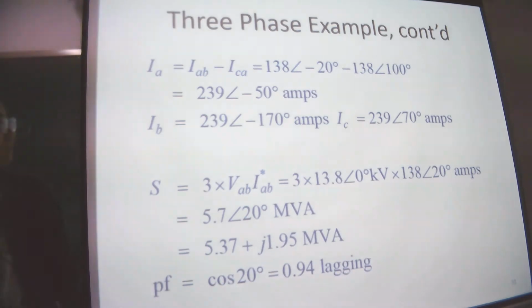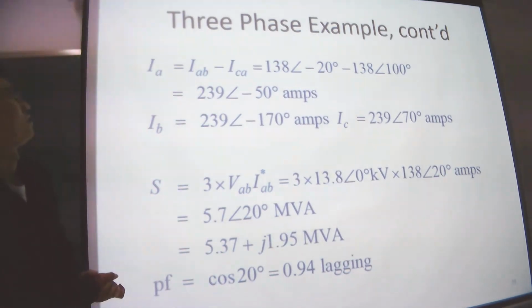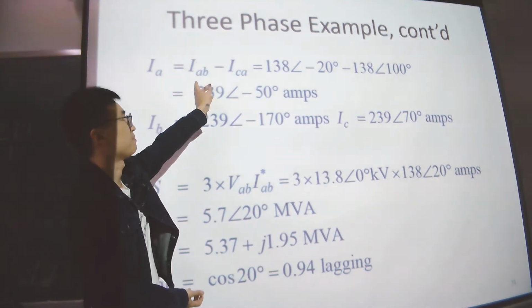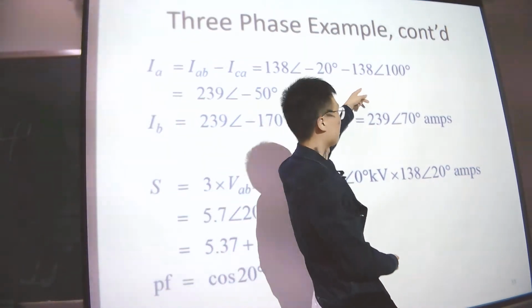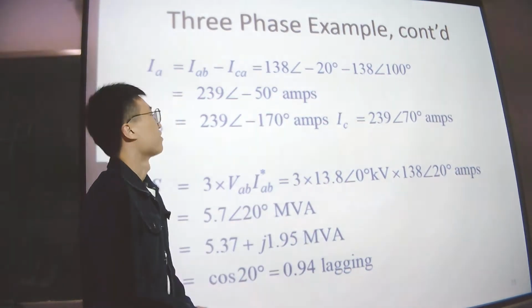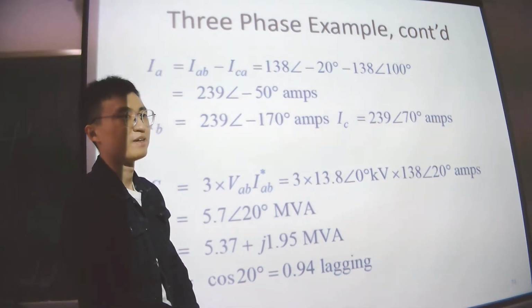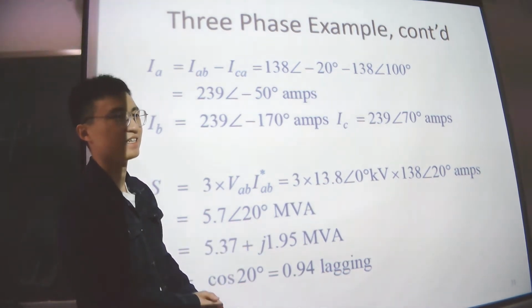So we can use the very preliminary method to calculate the difference between the two line currents. And for the 20 and 100 degrees, I think the geometry method will be a bit difficult, so you can use calculators, okay?